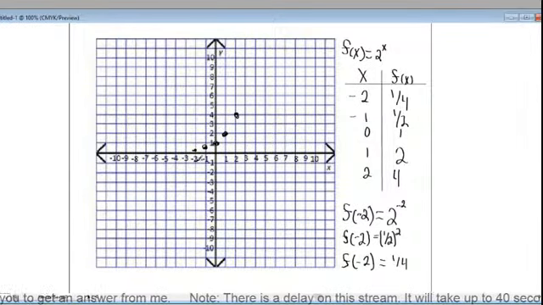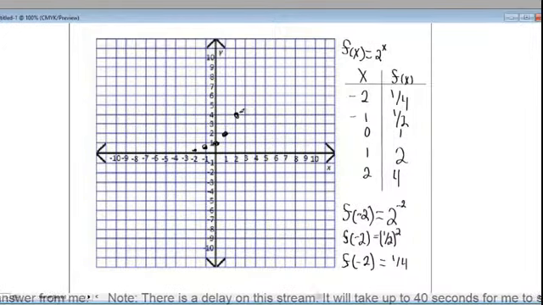And what that means is that it is going up faster and faster with each of these new points. So the change in y is increasing as we go farther and farther.